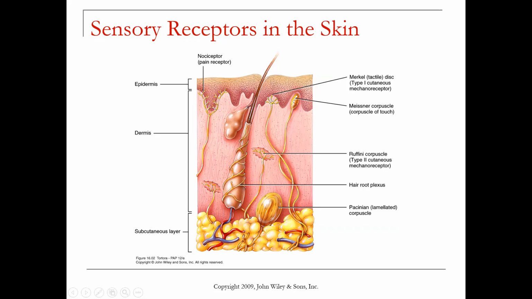This is the one that responds to vibration and pressure. This responds to different types of touch. So we're very, very sensitive to discriminating touch. Lots of these Merkel discs and lots of these Meissner's corpuscles right here. There's the one I was telling you, with sort of an oval shape, found in our fingertips, underneath our fingerprints.